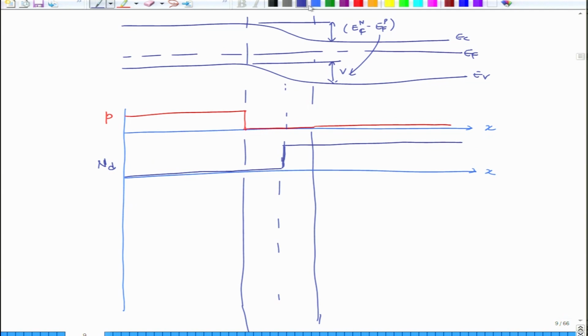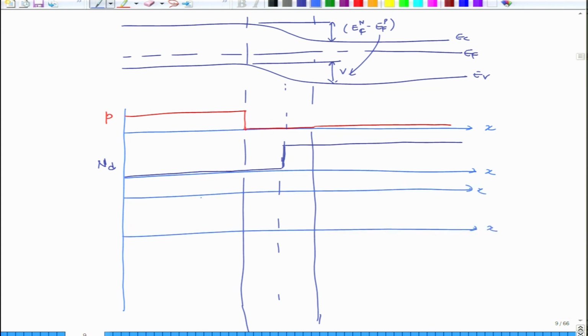Now if you do the same thing for electron, the electron concentration is like this, whereas NA concentration is very large in this region.